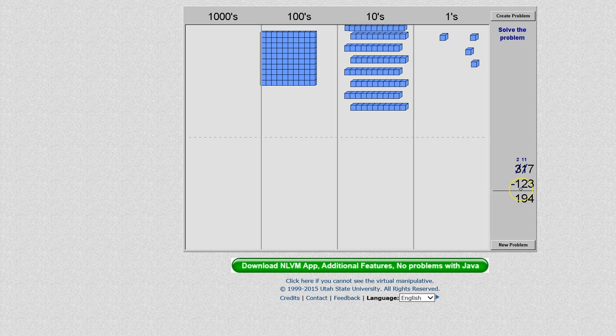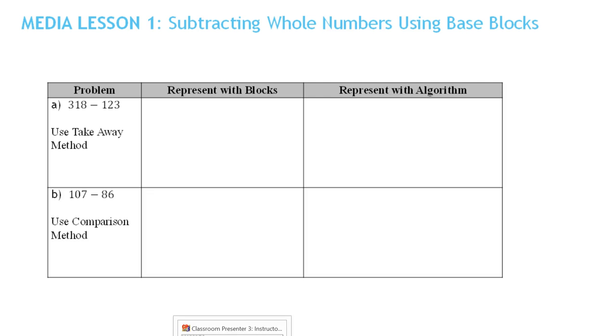Now let's see how we could represent this on paper. So let's make a line, and on top we'll put 318 with blocks, 3 flats, 1 rod, and 8 ones.